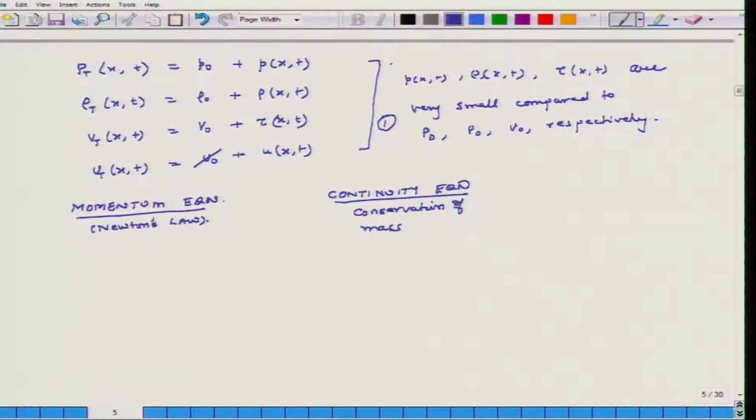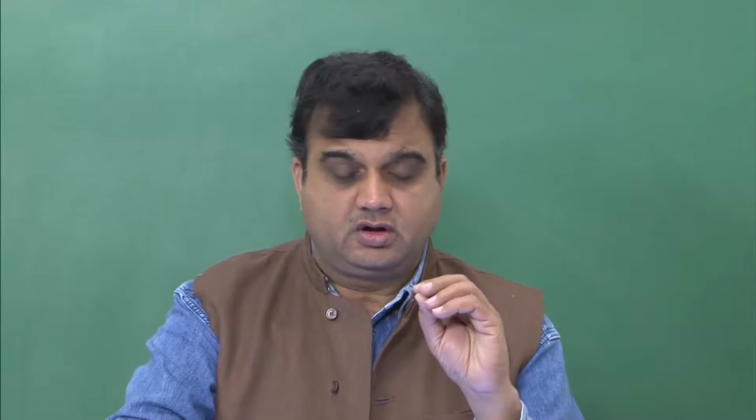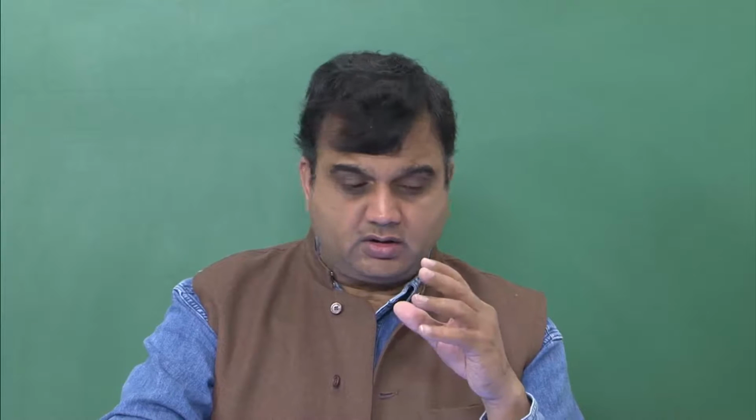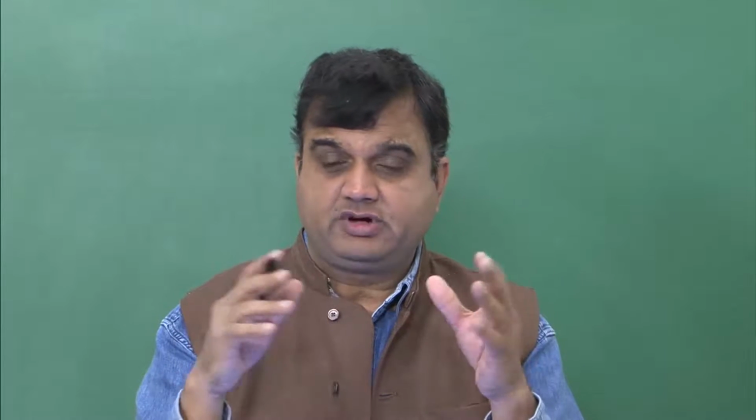So the momentum equation comes from Newton's second law, the continuity equation comes from conservation of mass, and the third one is called the gas law. It comes from the fact that if you have a piece of gas and you compress it, depending on how you compress it, you may compress it adiabatically, isothermally, isobarically, or polytropically. If a gas is undergoing some change, that change is governed by some law.